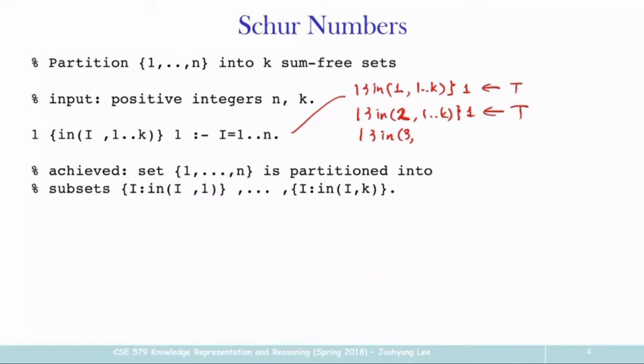Okay, so let's actually do that. So let's call n equals 3 and k equals 2. Just to make it easy to write, so this is 2, this is 2, and this is 1..2.